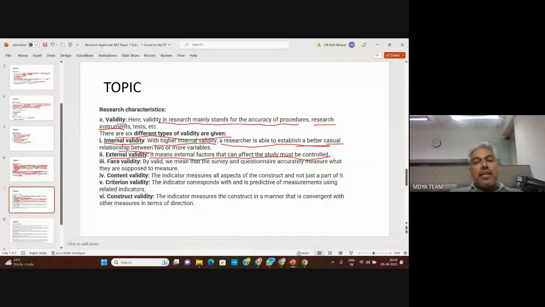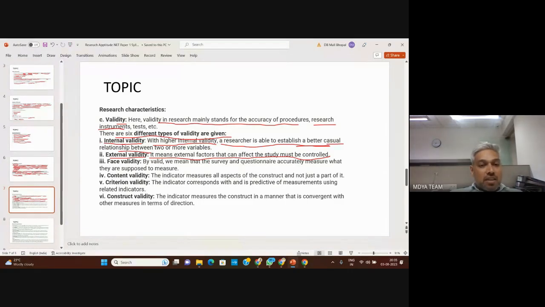If you do it at sandhya kala, it may give a good result, and if you do it in the afternoon at 3 o'clock or 2 p.m., it may not give the same result. So here the timing or atmosphere, the environment, is the external factor. So external validity means that external factors that can affect the study must be controlled. So this is the external validity.